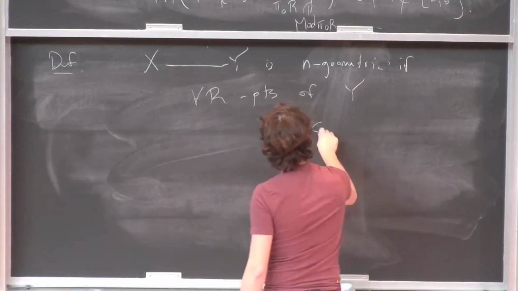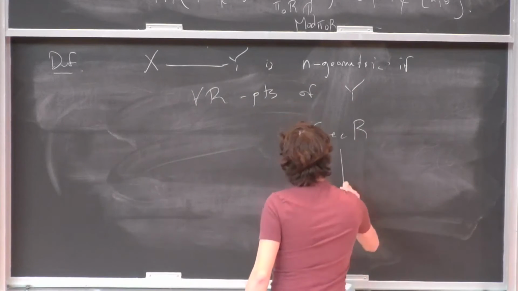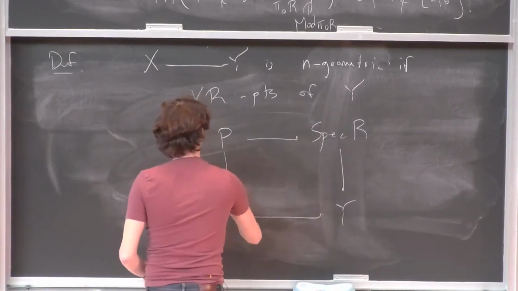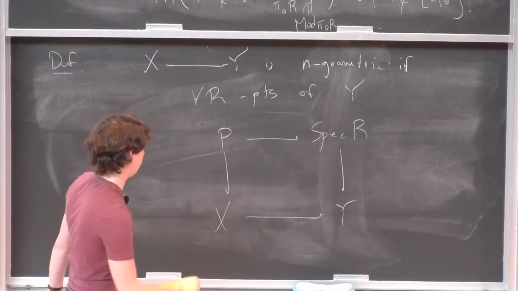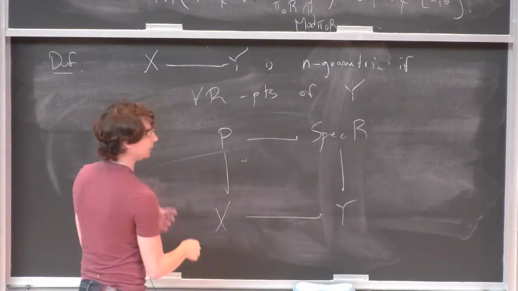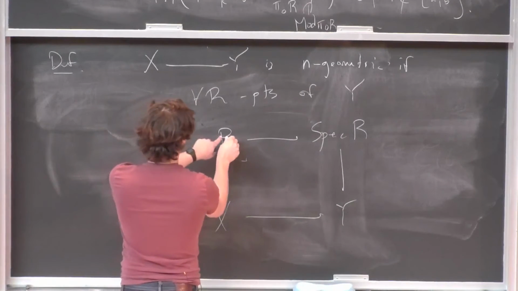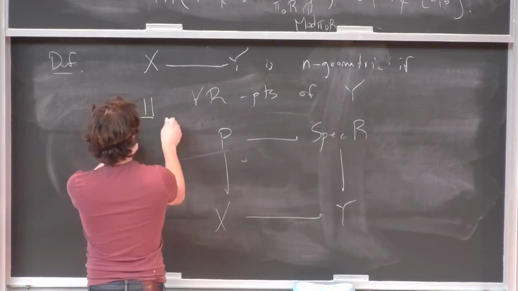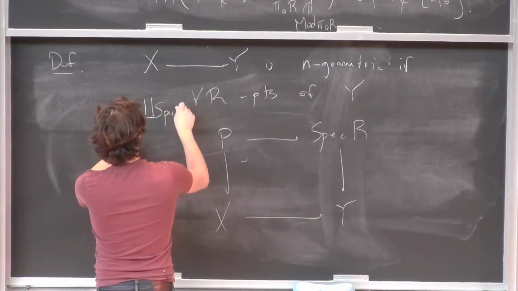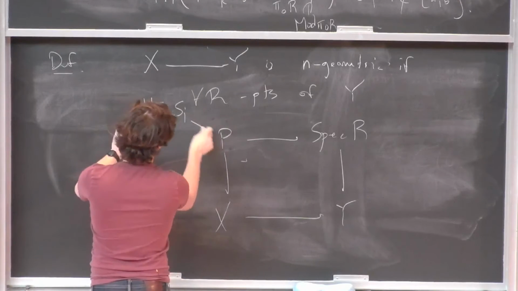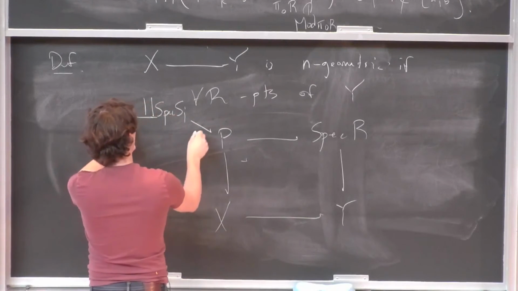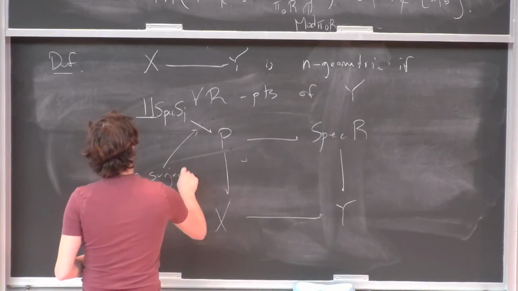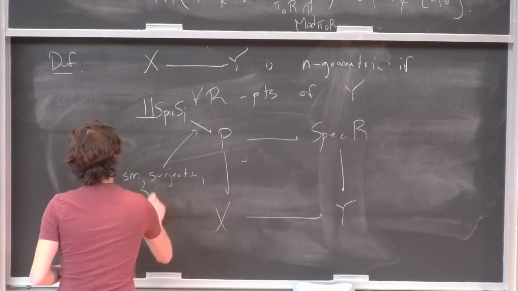we're going to do the same thing, we're going to look at the pullback here. And now we're not going to quite ask for this to be a disjoint union of affines. Instead, what we're going to ask is for this to have a map like this, which is smooth, surjective, and n minus 1 geometric.